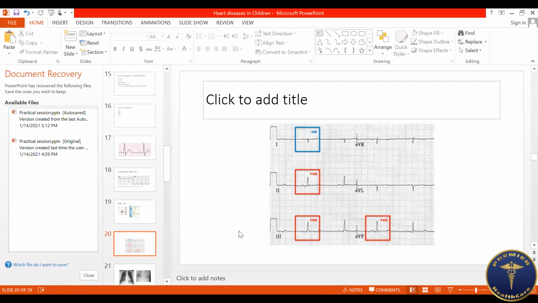It's down, isn't it? Like a valley. And if you look at lead 3, it is upward, isn't it? Am I correct? Forget about lead 2. Lead 3 is upwards. Lead 1 is downwards.